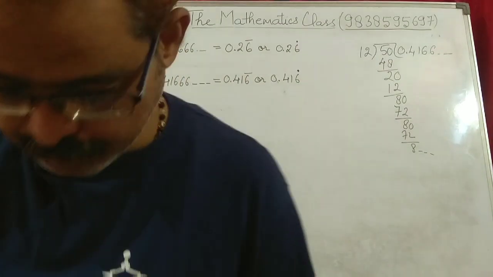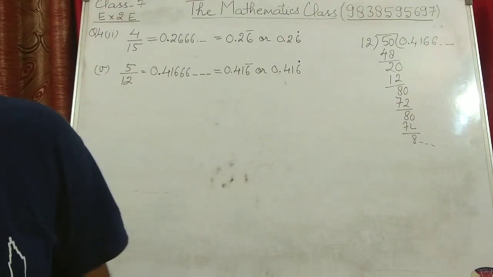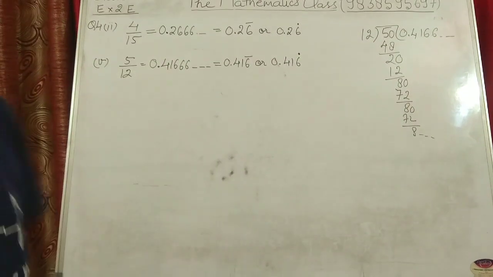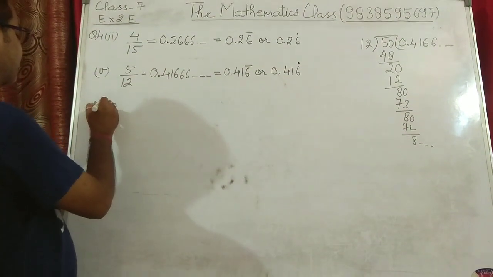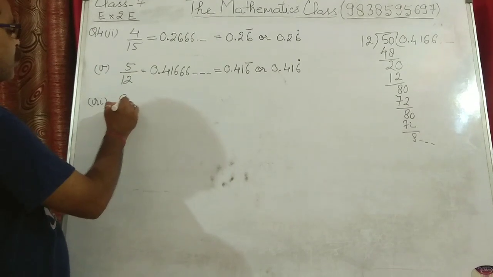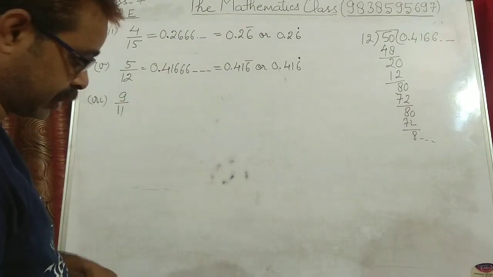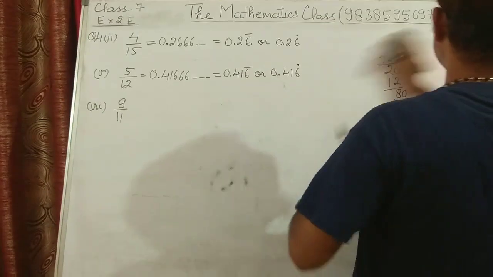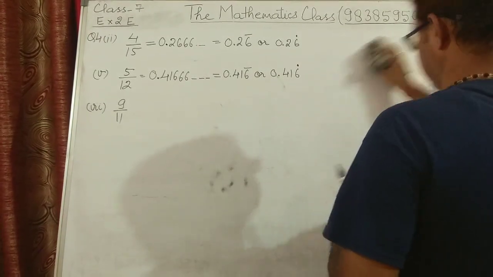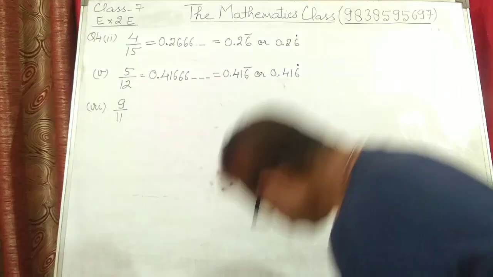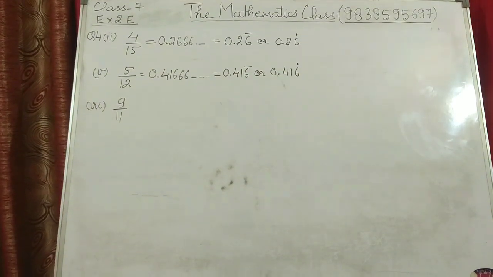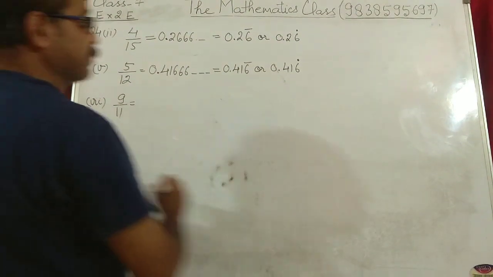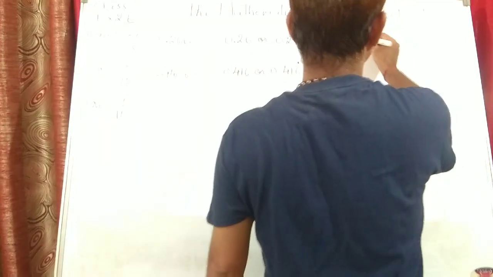Now let's take question number 7. That is 9 upon 11. You remember 9 11? So we will see what is 9 upon 11. 9 upon 11 means again 9 will be divided by 11.